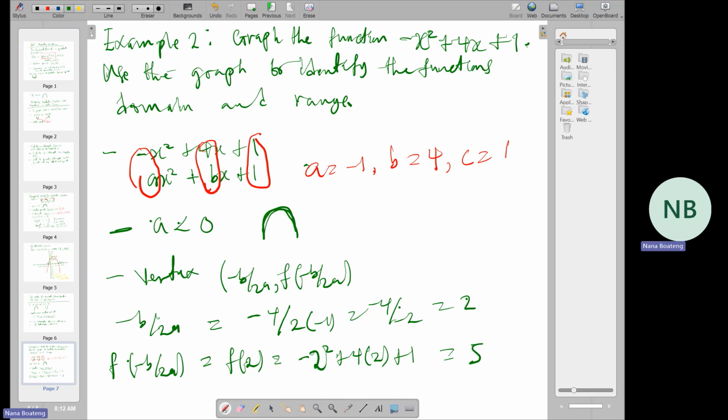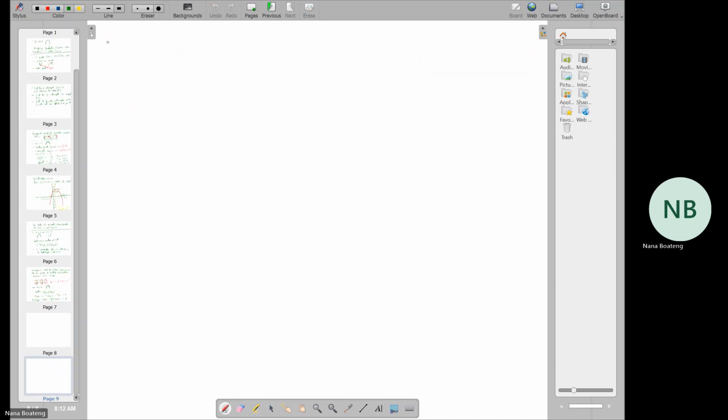So let's find the x-intercepts. To find the x-intercepts, we set f of x equal to 0 and solve for x. So we are solving the equation minus x squared plus 4x plus 1 is equal to 0.